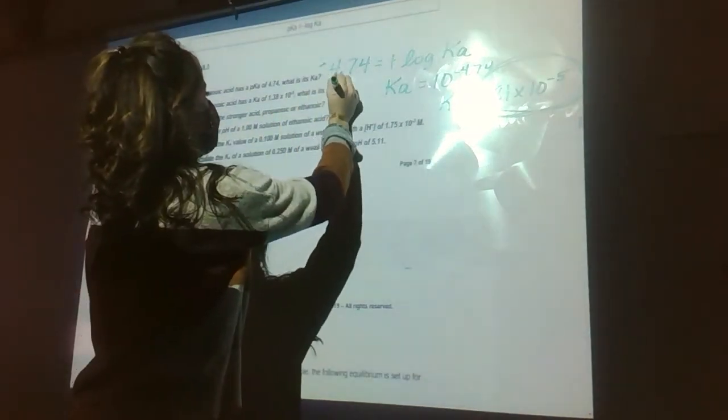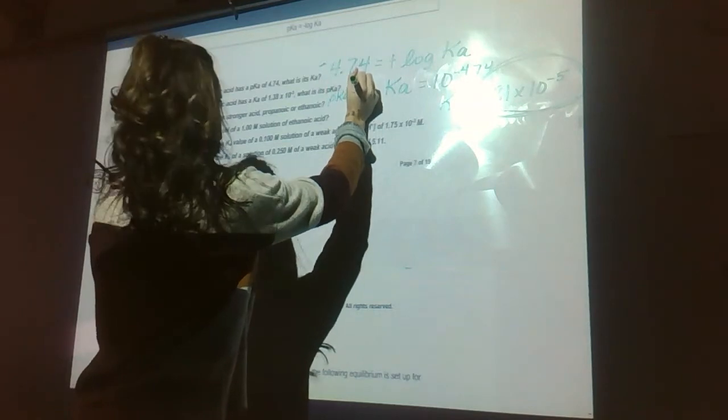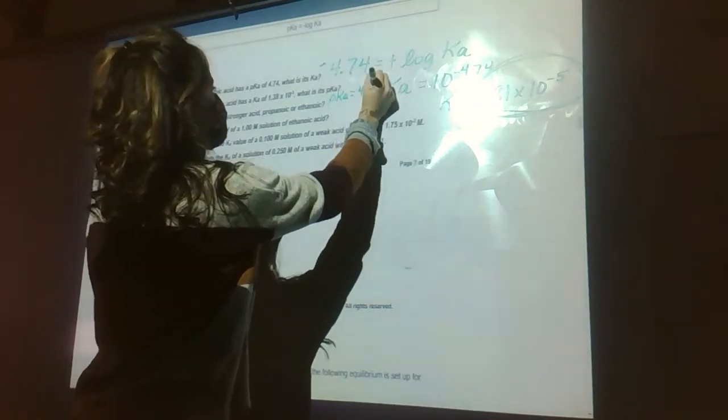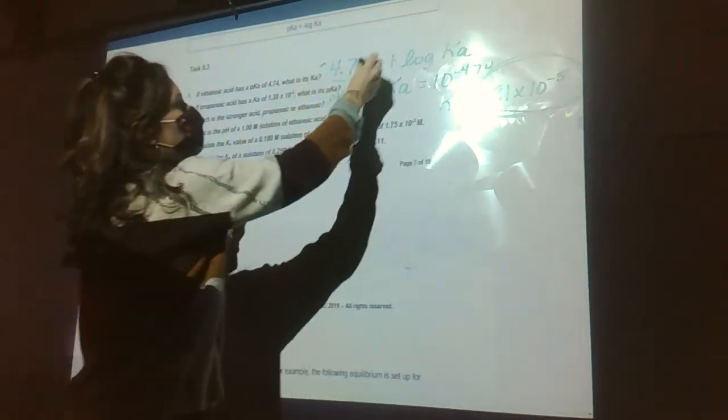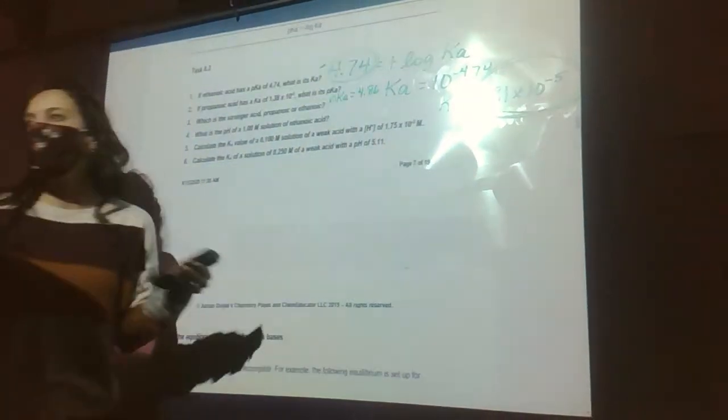The pKa of the second one is 4.86. This one has a lower pKa, so it's a stronger acid. You can look at it both ways. The one with the higher Ka or the lower pKa is the stronger acid. They should be the same.